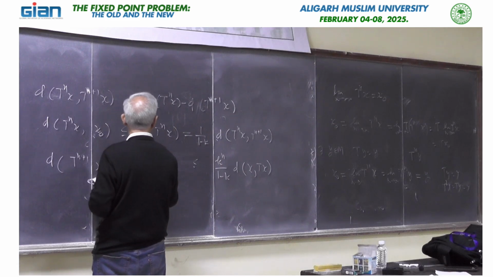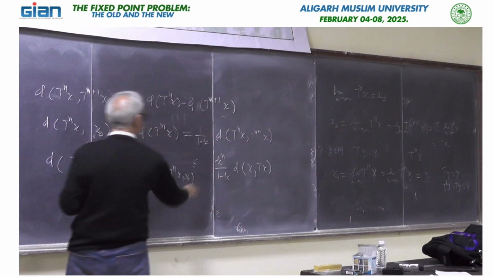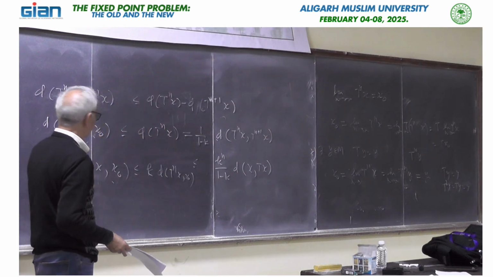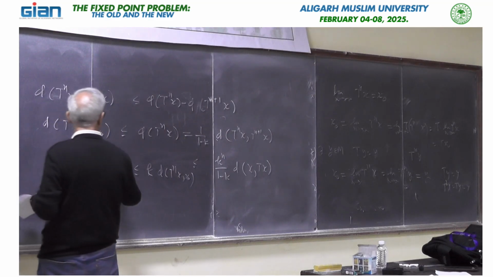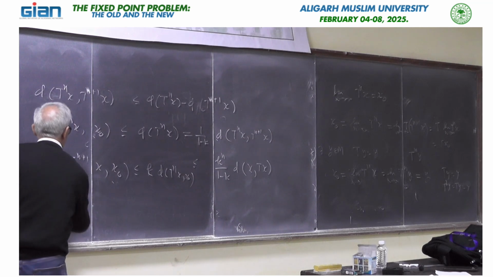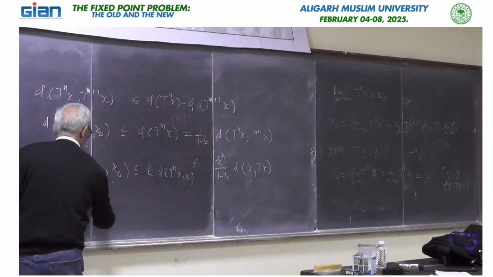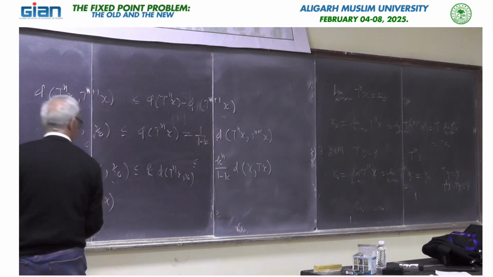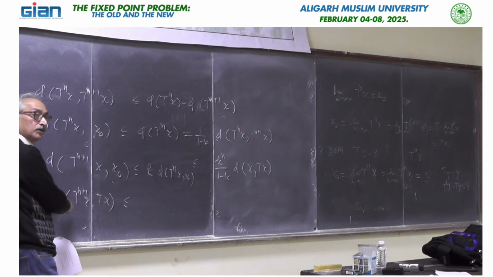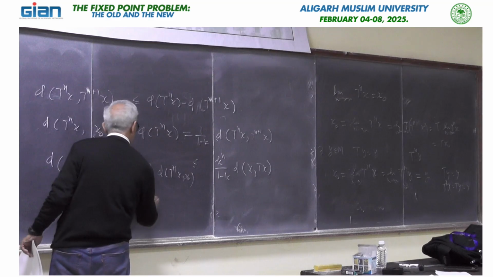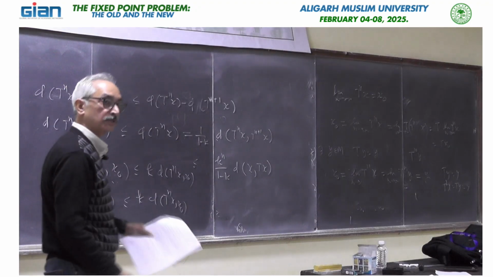We wanted to show that this is k times d of Tn x, x0, which gives you the rate at which it is decreasing. This is the same as d of Tn plus 1 x, x0, but now x0 is a fixed point, and therefore this is equal to T of x, and then you simply get this by the contraction property: k times d of Tn x, x0. So that proves the thing.